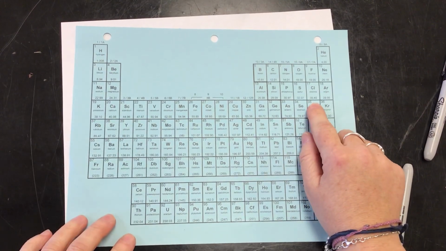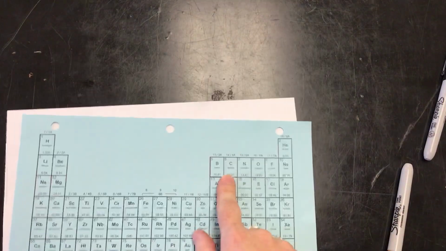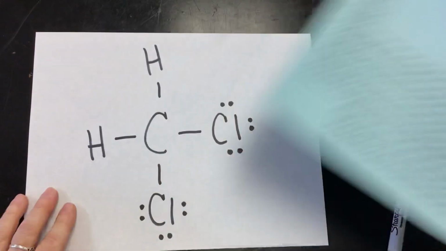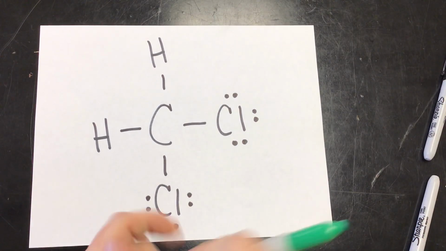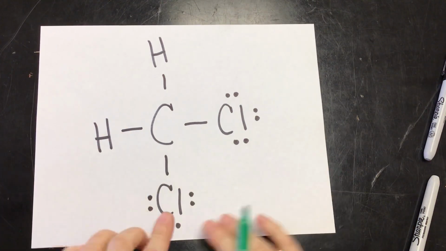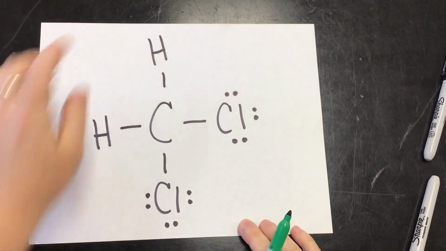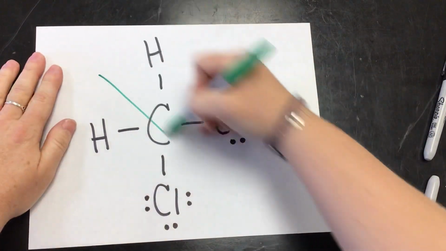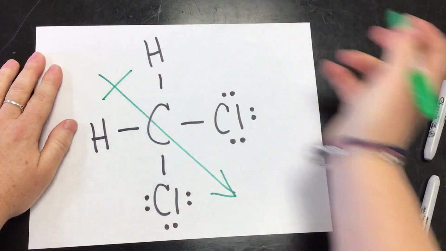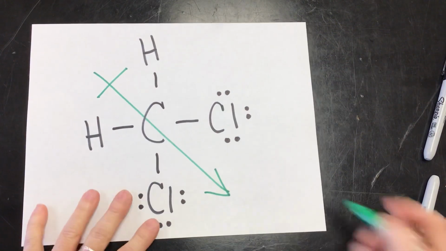Chlorine is much more electronegative than hydrogen and then that carbon atom. So this molecule is not symmetrical on all sides because there are different elements on each side of the molecule. And chlorine is our most electronegative, so it is polar, and we would draw our dipole through those chlorines.